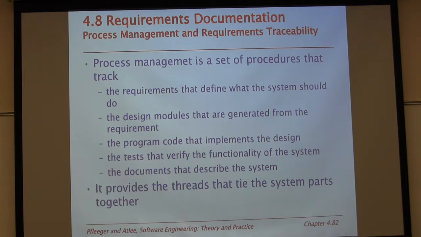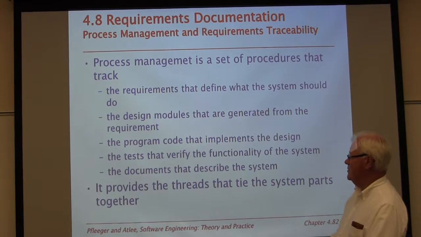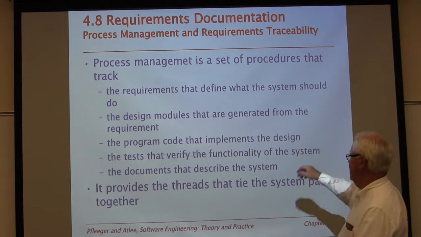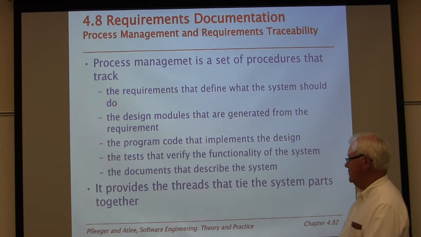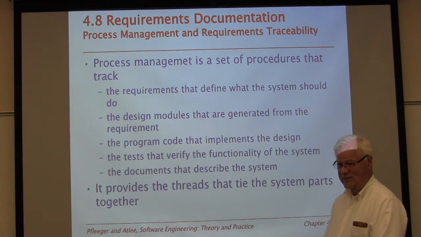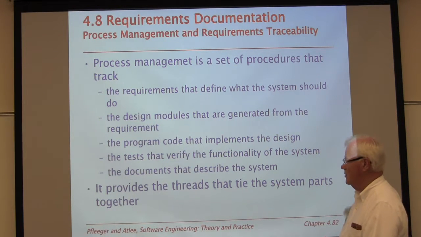So what is process management? It's a set of procedures that track the requirements, define what the system should do, the design modules that are generated from the requirements, the program code that implements the design, the tests that verify the functionality of the system, and the documents that describe the system. Well, we've been through this several times, haven't we? But this is the total life cycle.